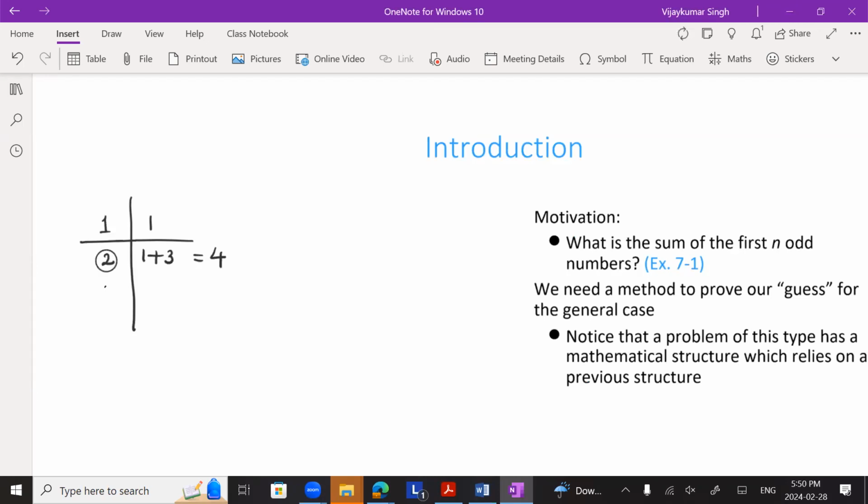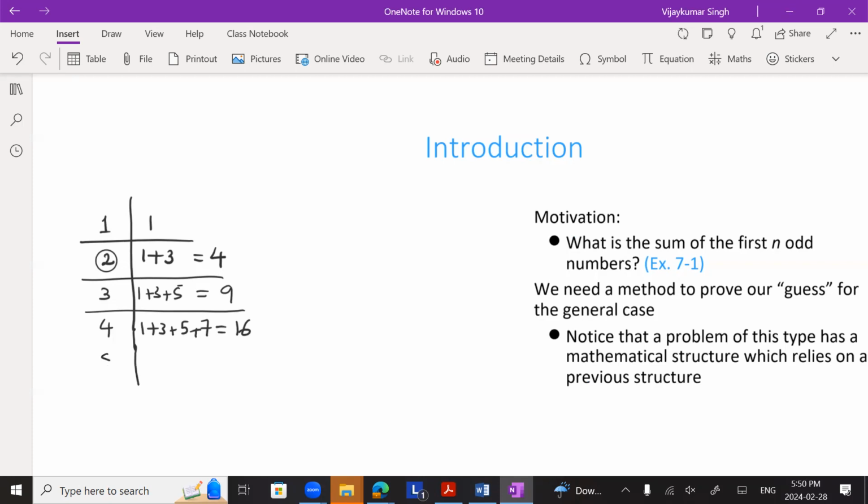Now the sum of the first three odd integers is going to be 1 plus 3 plus 5, which is 9. The sum of the first four odd integers, we have 1 plus 3 plus 5 plus 7, which is 16. You can already observe a pattern.